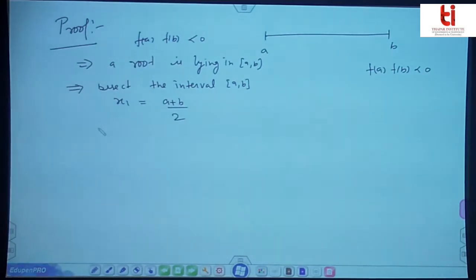So we have divided this interval [a,b] into two subintervals. We call I0 the first interval, and x1 is the midpoint of [a,b]. So we got two intervals, [a,x1] and [x1,b].